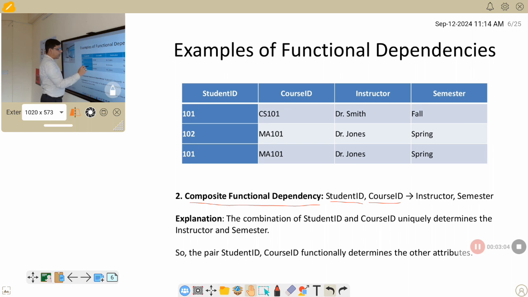So it cannot determine uniquely this column. Therefore, we cannot identify student ID as a unique ID of this table. So we are considering student ID and the course ID both as a composite key to uniquely identify the row from this table. So it is called a composite key or composite primary key, and these dependencies are called composite functional dependency.